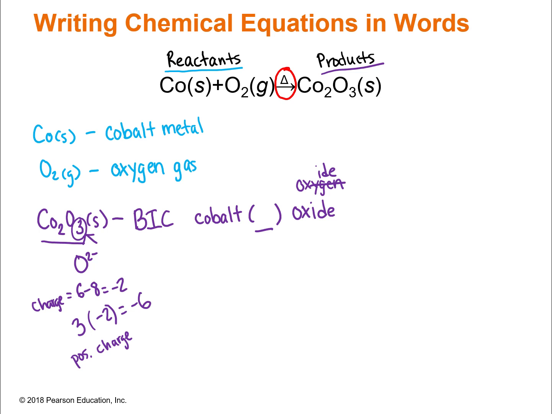And then you multiply by the charge of 1 oxide ion, which we got by saying the charge is equal to the group number, 6, minus 8, which is -2. So you multiply those two things together to get the total negative charge. Is that clear?